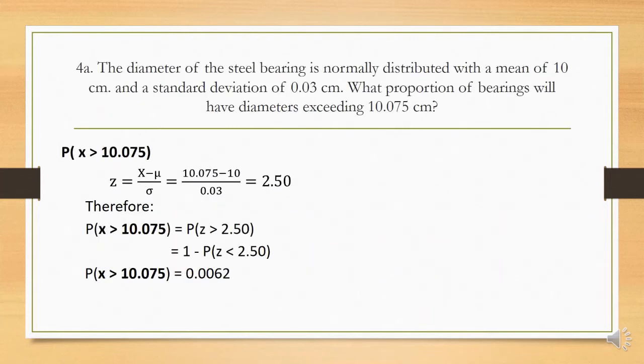So, for letter A, since ang ating hinahanap ay exceeding 10.075, ang notation natin will be greater than. So, kapag greater than siya, the first thing to do is convert muna pala, no, yung z variable natin. So, we get yung 2.5.